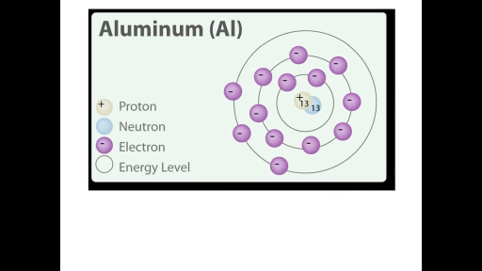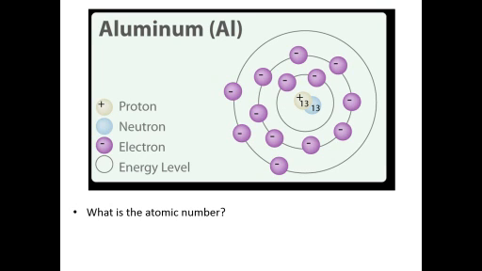Looking at another example, we have aluminum. What is the atomic number of aluminum? Looking at this cartoon image of the atomic structure of aluminum, what is the atomic number?